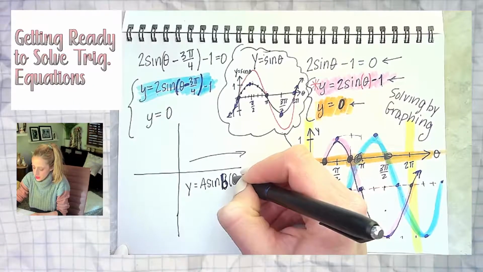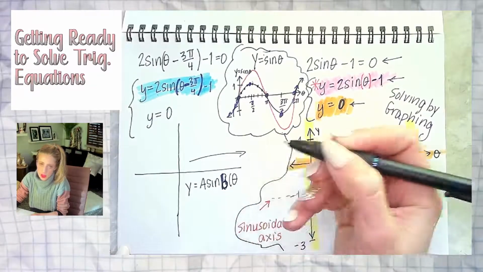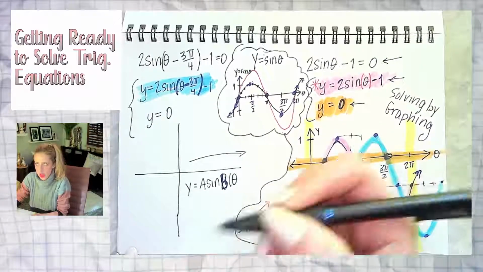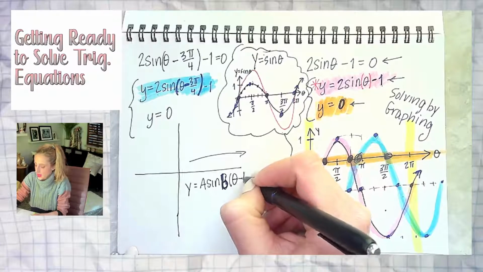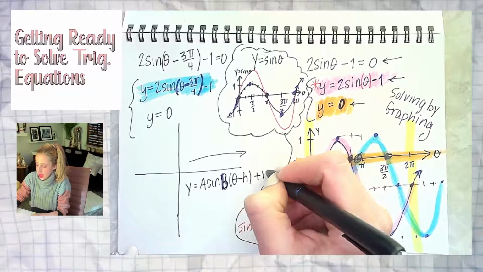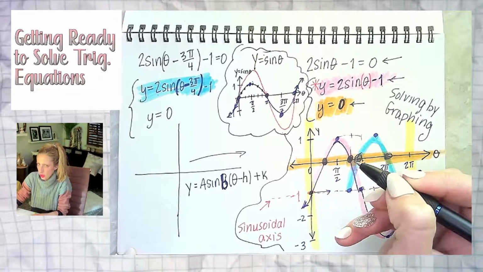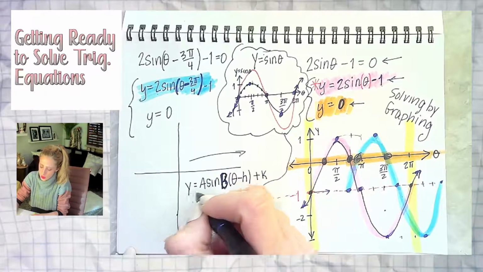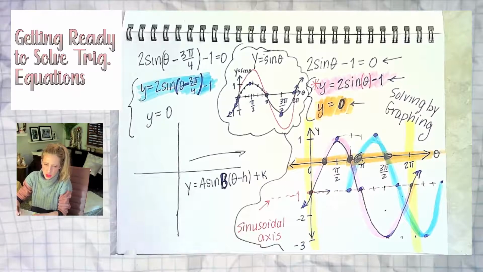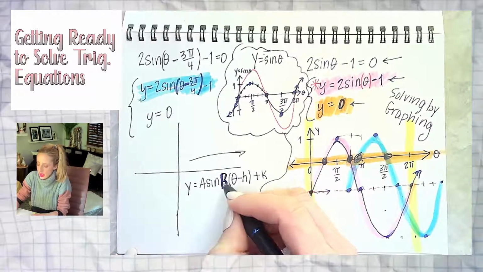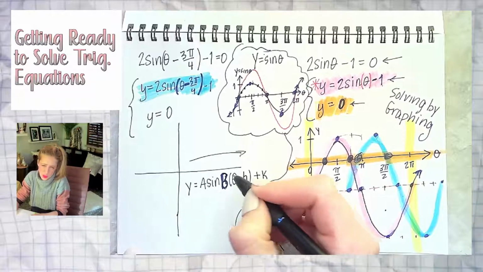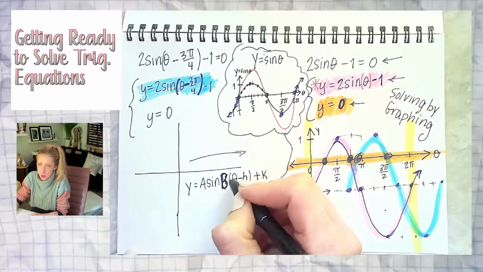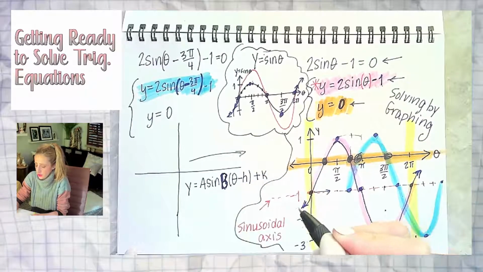Sometimes I use C and D because I'm going A, B, C, D, but I'm going to use theta minus H and plus K because that should be a little bit familiar to you guys. So A is what we used anyway when we did vertical stretches and compressions, probably lowercase a. And now B, I used lowercase b with my classes last year when we did horizontal stretches and compressions.